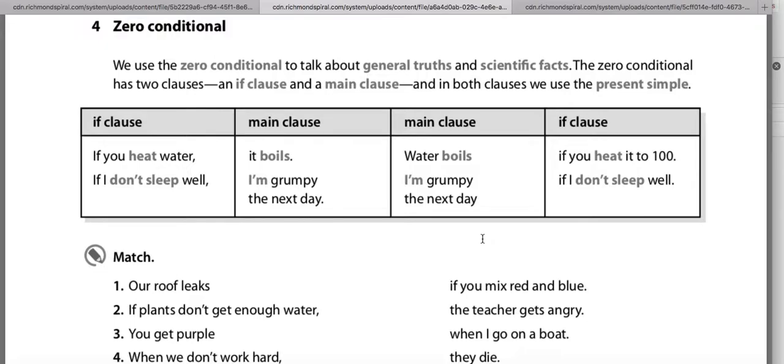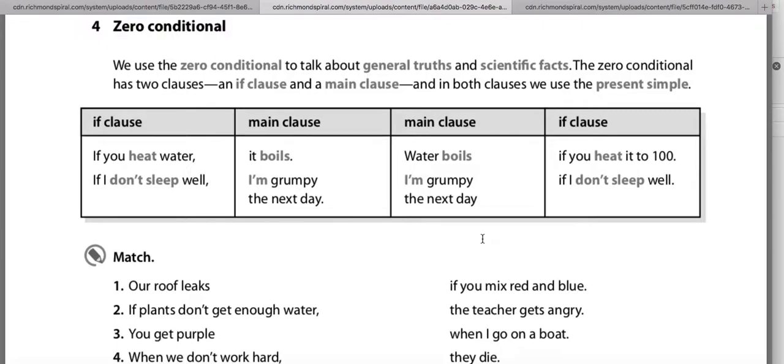The zero conditional has two clauses, if clauses and main clauses, and in both clauses we use the present simple.